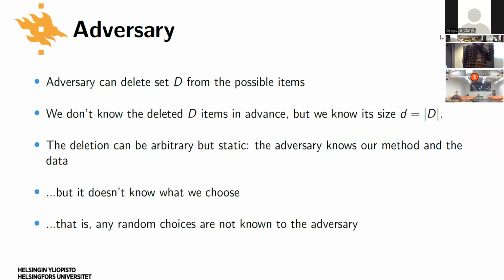So it doesn't know what we end up doing in the end, but it knows the method, and it can do its worst based on the method and the data. But it doesn't know exactly what we're going to do. And we're going to abuse this fact because we will have some random components in our algorithm. This will allow us to make things work. All right? So that's about the adversary.